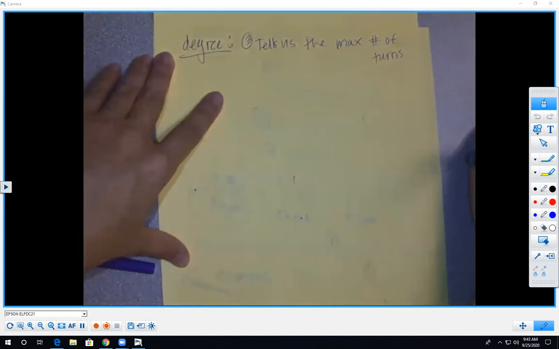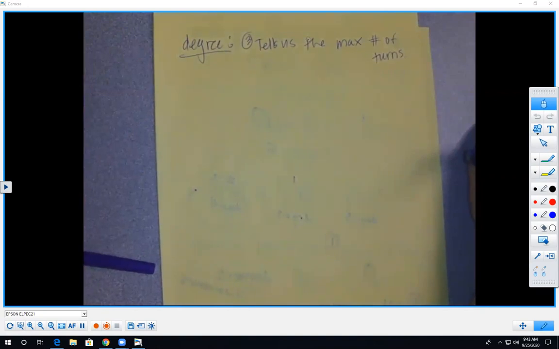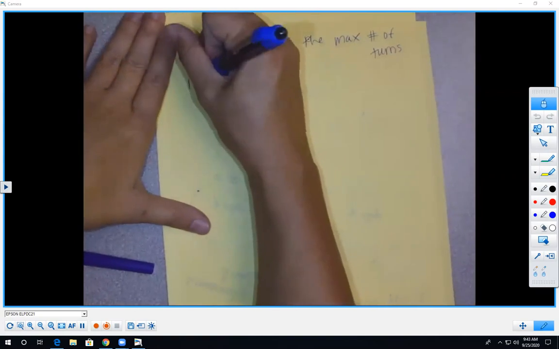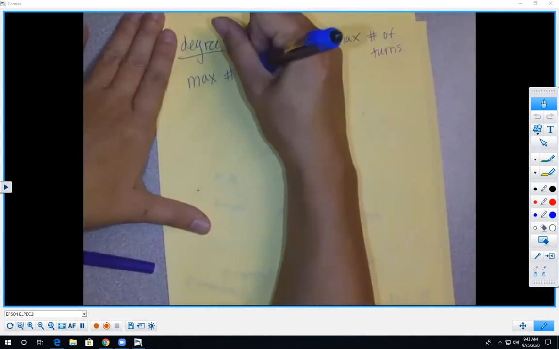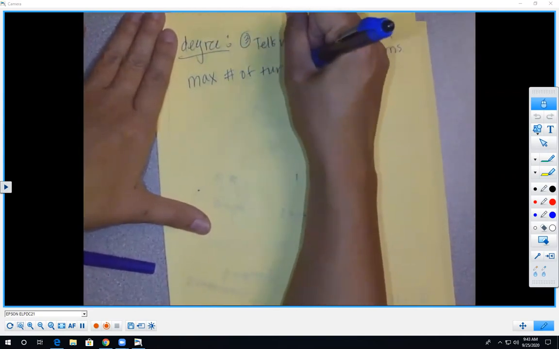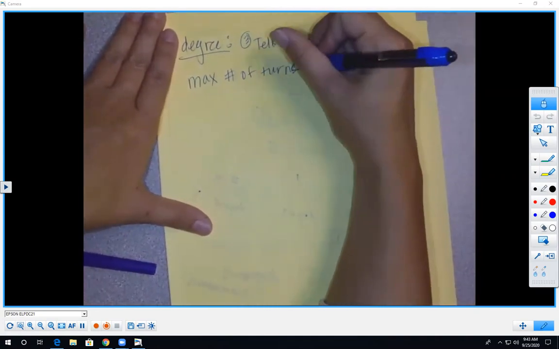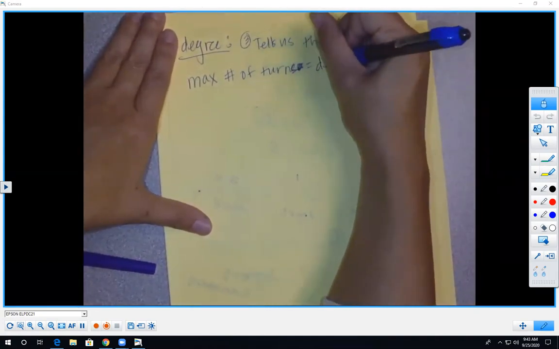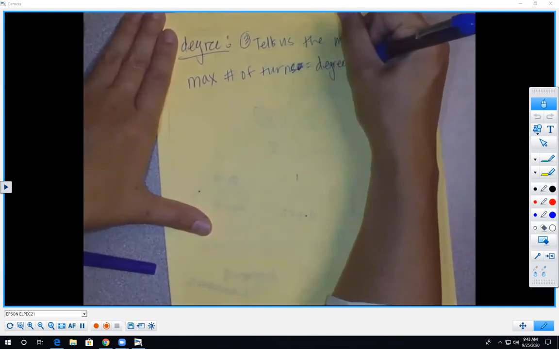Okay, and the maximum number of terms is not the same number as the degree. It's degree minus 1. Okay, so max number of terms is, goodness, that's messy, the degree minus 1.